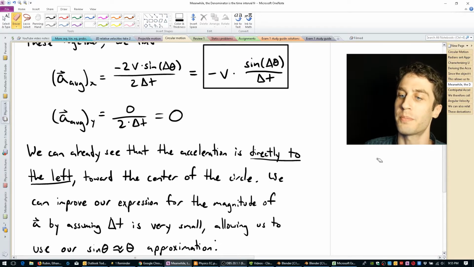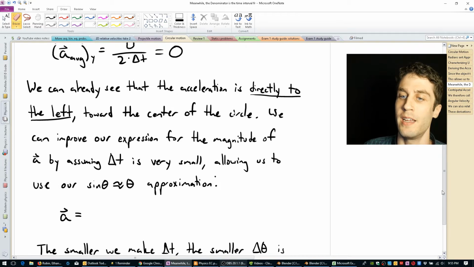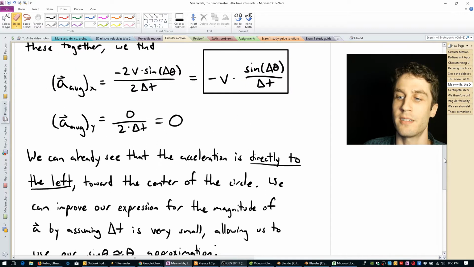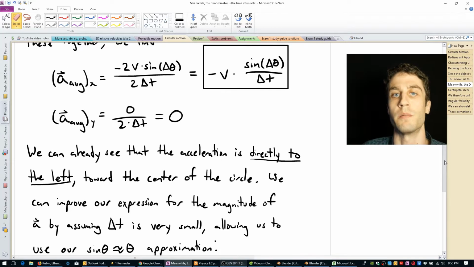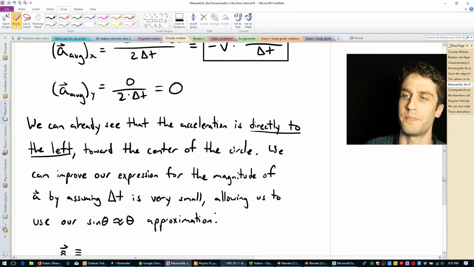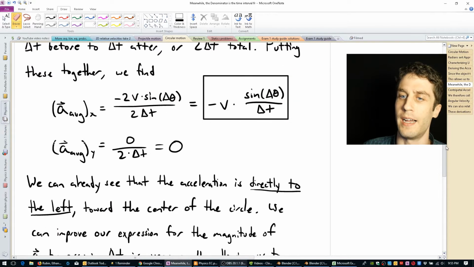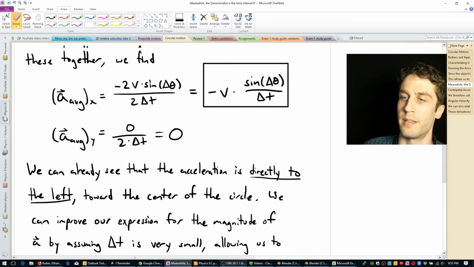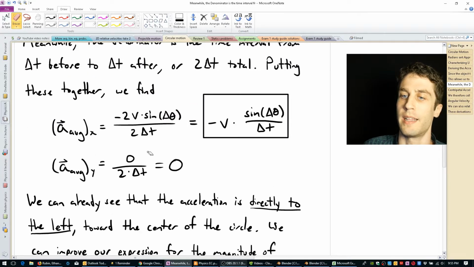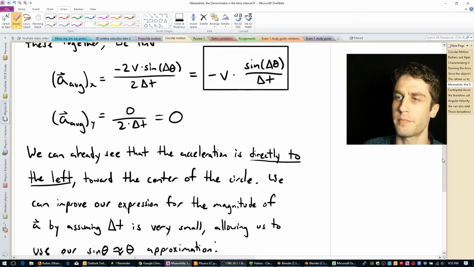We can improve our expression for the magnitude of a by assuming that delta t is very small, allowing us to use our sine of theta as approximately equal to theta approximation. So, I don't really want to do the vector a, I want to do the magnitude of it. So, the acceleration is just the x component of the acceleration.